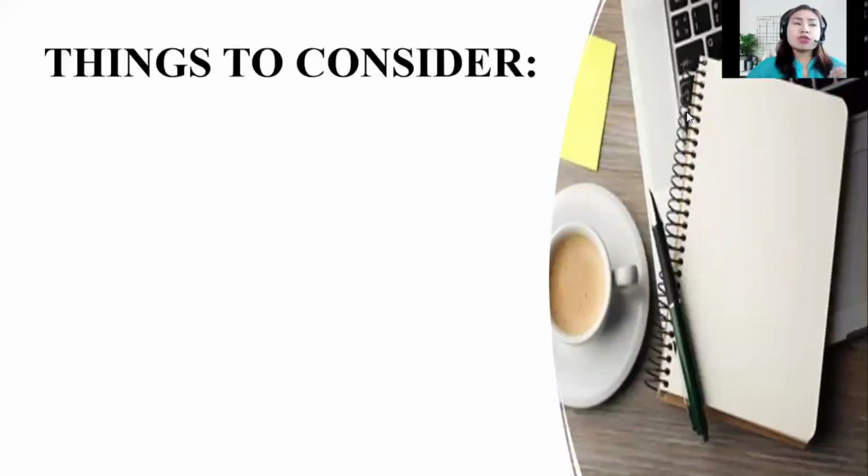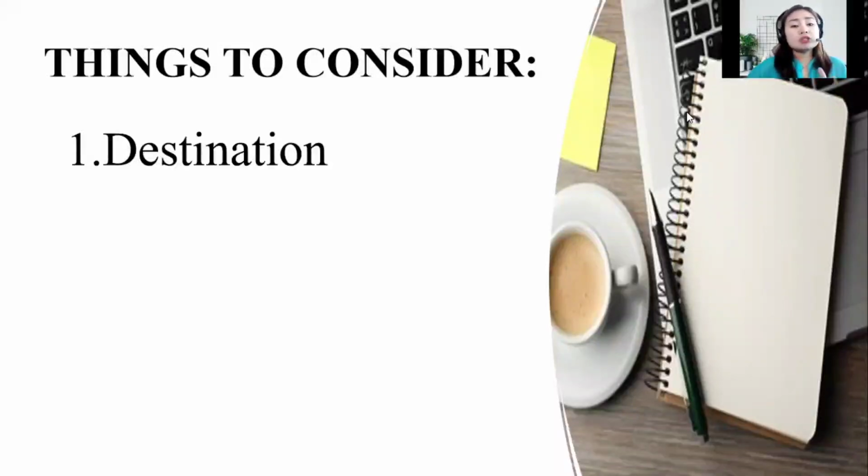Now, what are the things that we need to consider when we are writing business correspondence? Well, we have to consider its destination. It is very important to know the destination of your business correspondence. For example, you want to write to someone in authority, someone who has a position.